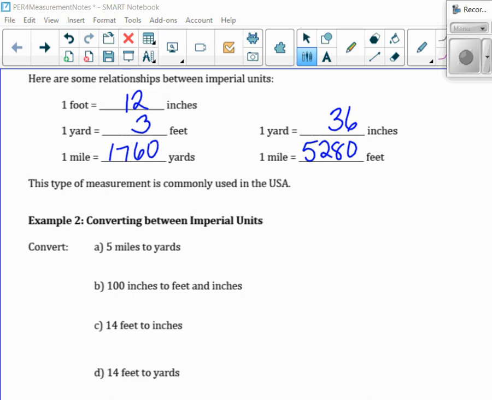Okay, now we're going to convert units. I want you to do it this way. I know you can picture some of them, but I want you to do it by unit analysis, meaning you're taking the 5 miles.